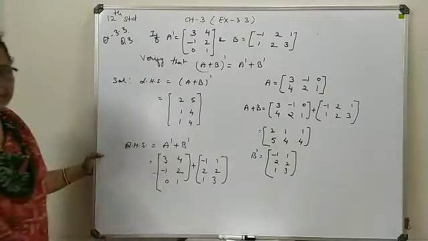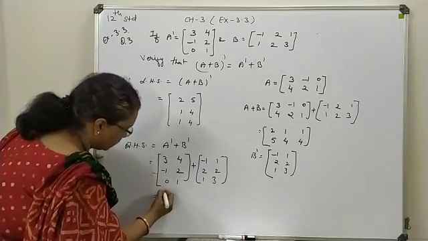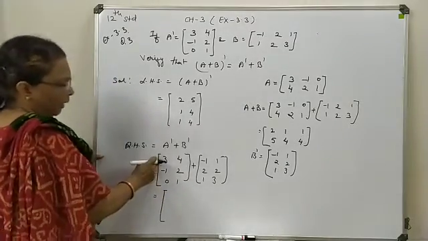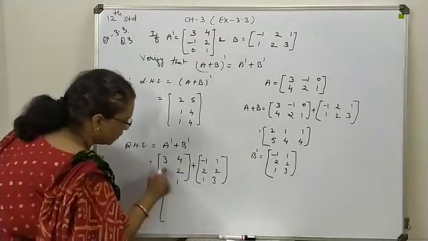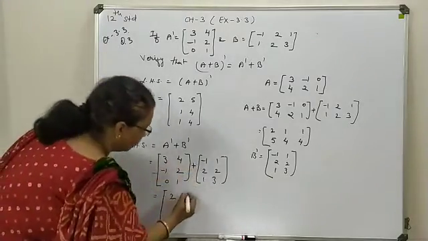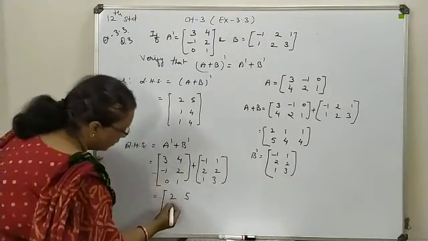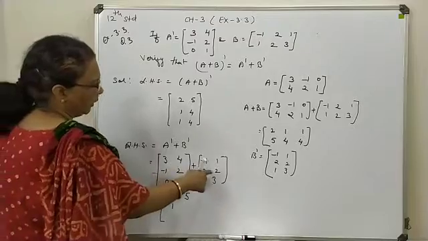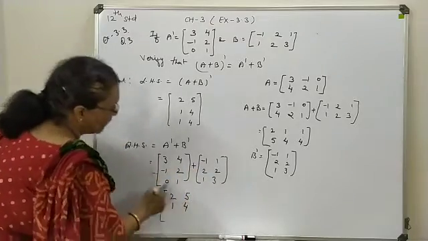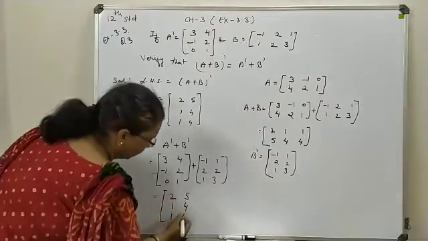Make them at respective positions or correspondence: 2 minus 1, 3 minus 1, 2, 4 plus 1, 5, minus 1 plus 2 plus 1, 2 and 2, 4, 0, 1, 1, 1 and 3, 4.